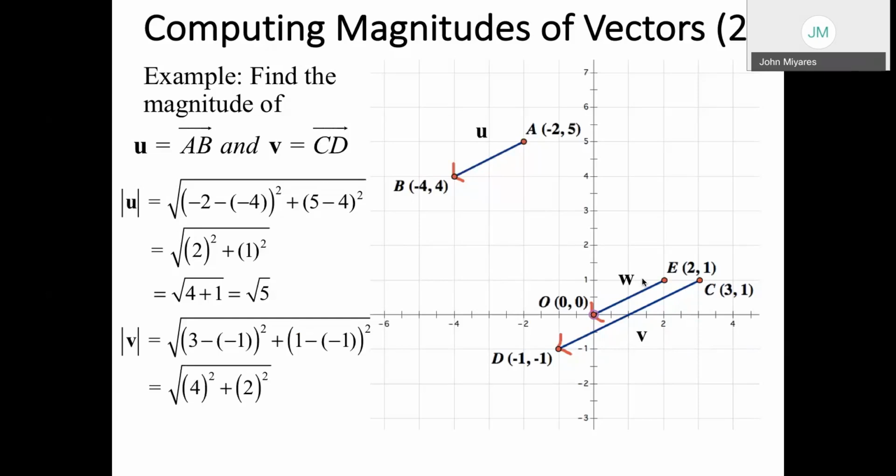Squaring and summing each of those pieces under the radical sign gets us the square root of 16 plus 4, which simplifies to the square root of 20, which further simplifies as 2 times the square root of 5.